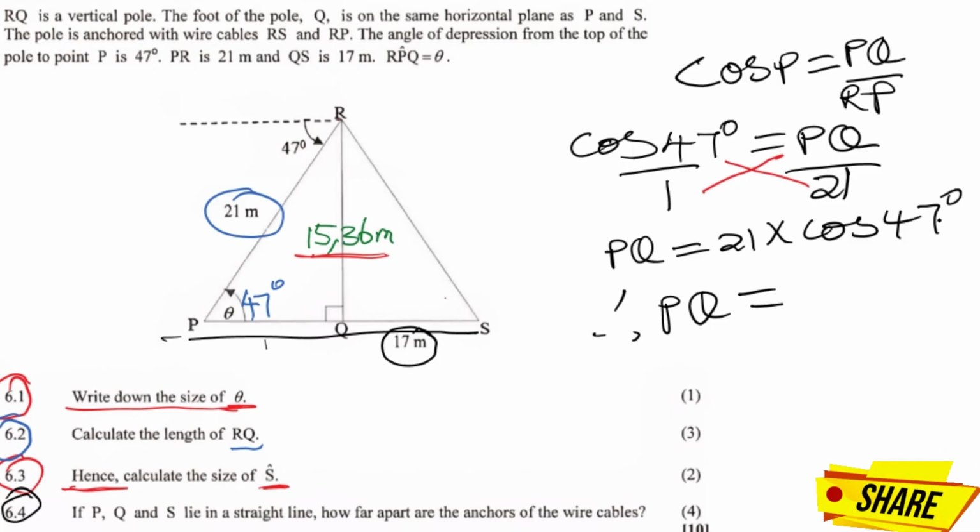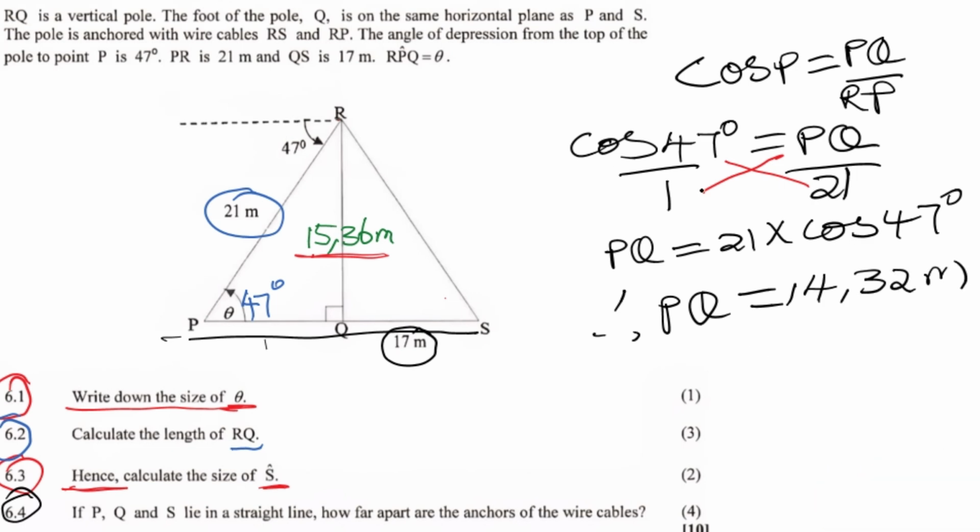The value that I get after pressing the calculator is 14,32 meters. So this is not our final answer. We just have to add 17 to what we get here, 14,32, to get our final answer.